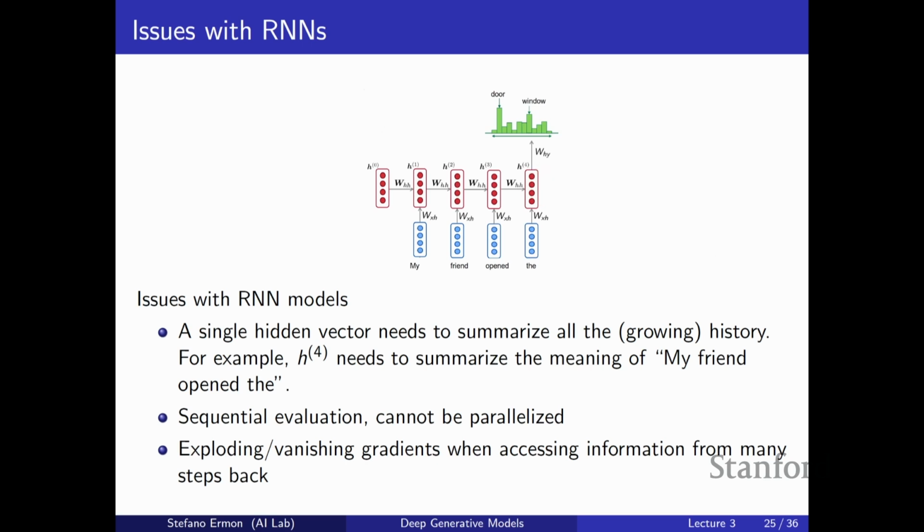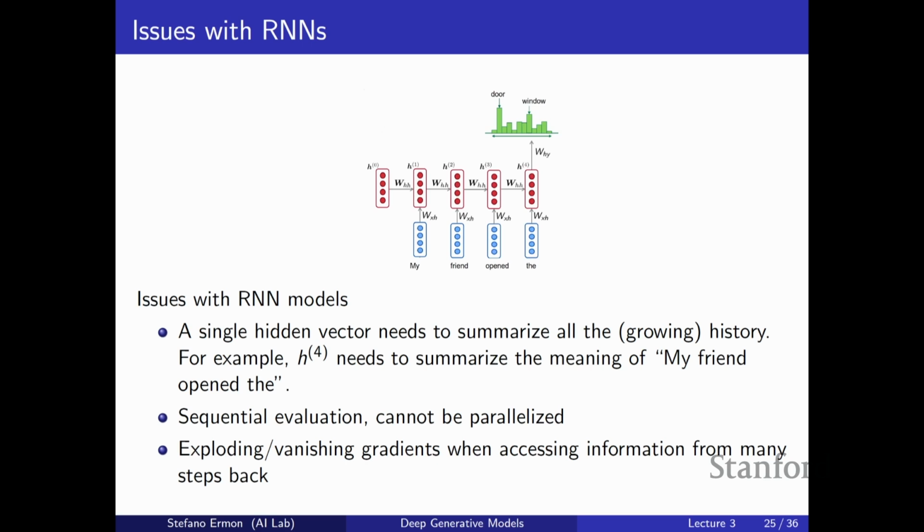And if you're doing a good job, then you'll put high probability on reasonable ways to continue this sentence, like "the door" or "the window," and low probability on things that don't make sense. And as we've seen, these RNN models can work reasonably well, even if you build them at the character level, which is pretty hard.